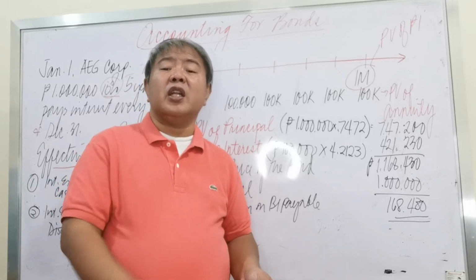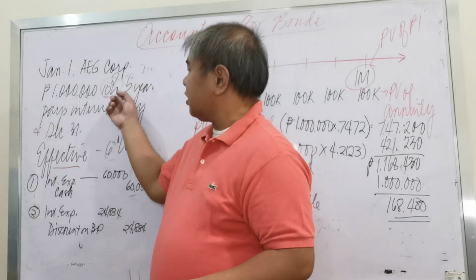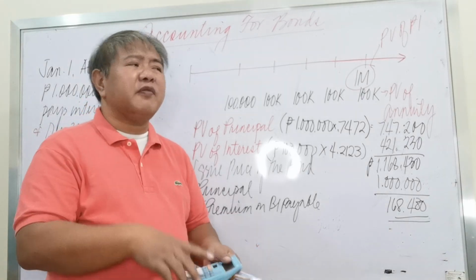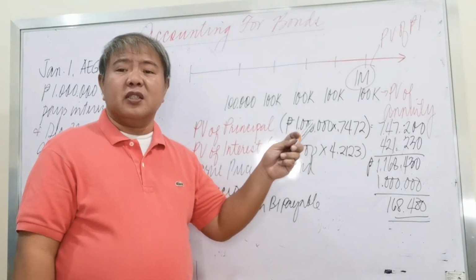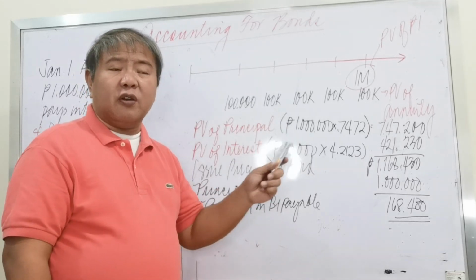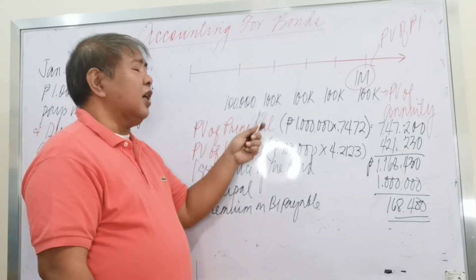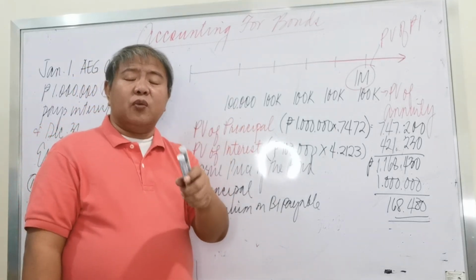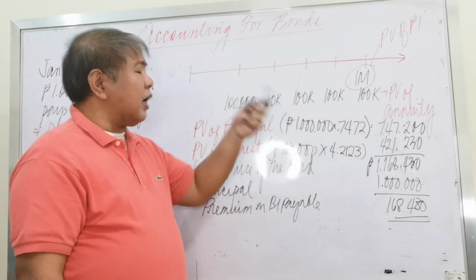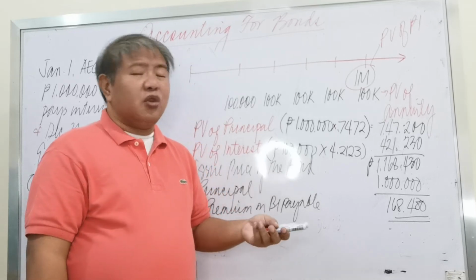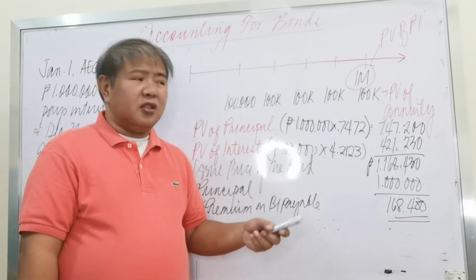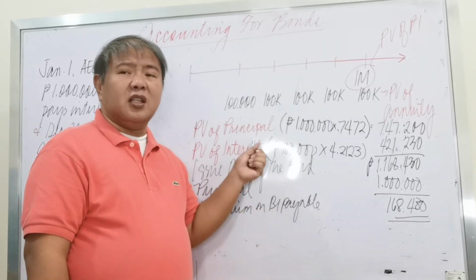Remember my discussion earlier when we compared the nominal and the effective. If you look at the interest, you as the investor are getting 100,000, but the other issuers of bonds are only offering 60,000 pesos interest every year. So in effect, you are in an advantageous position by 40,000. So 40,000 times 5 is 200,000. You gained 200,000 more than what others are realizing as income, because you invested in this type of bond.